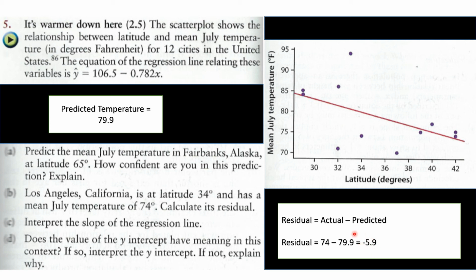One way to remember whether it's actual minus predicted or predicted minus actual: what comes first, A or P? A comes first in the alphabet, so we do actual minus predicted. A before P, actual before predicted.